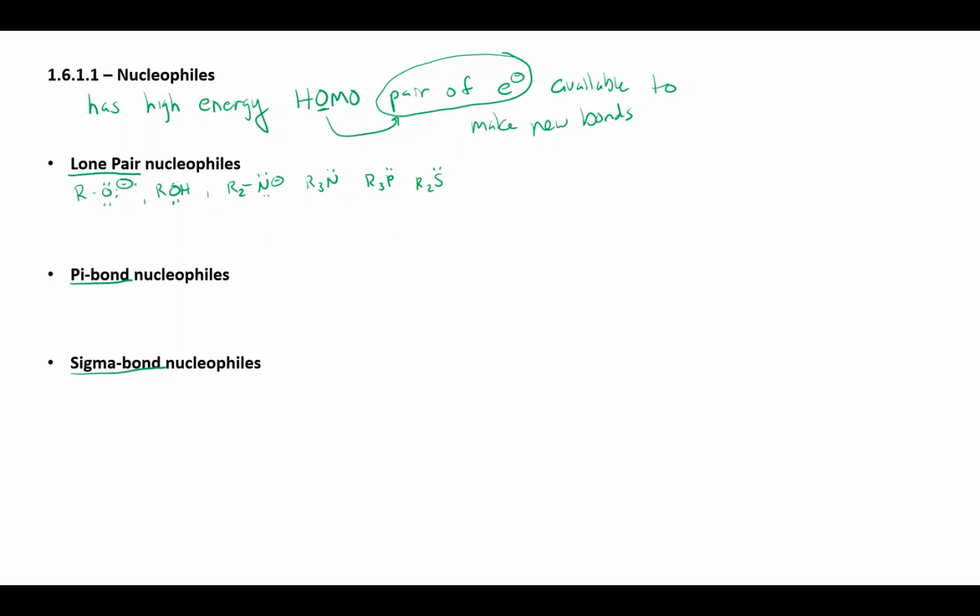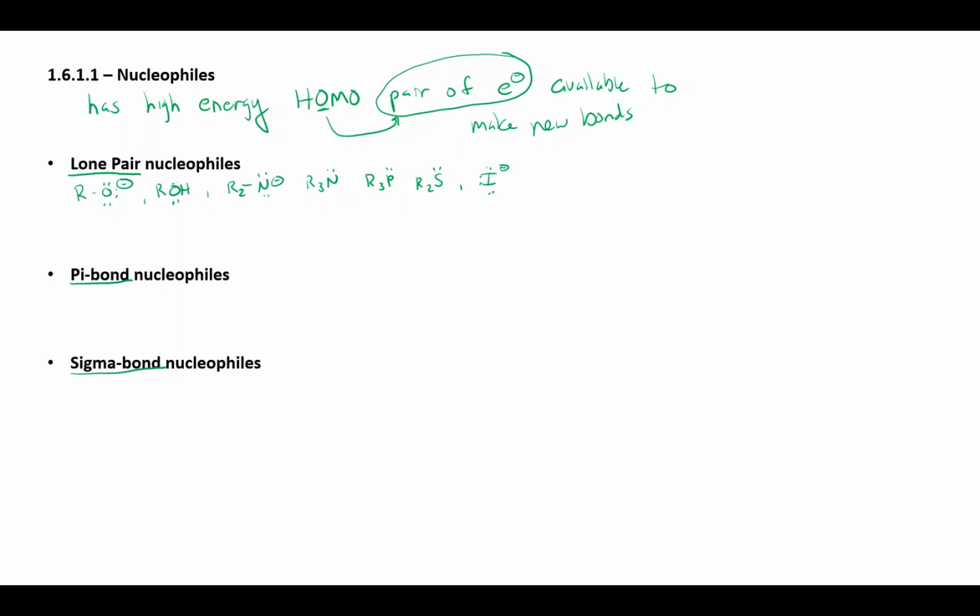Right? All of these things have lone pairs. Those lone pairs are the thing that's going to be shared with whatever the nucleophile is adding to, right? When we have heteroatoms, we tend to think of the lone pairs as the nucleophilic part of that heteroatom, right? So lone pair nucleophiles, usually heteroatoms, mostly these kinds of things. We can also have things like iodine is a great nucleophile, right?